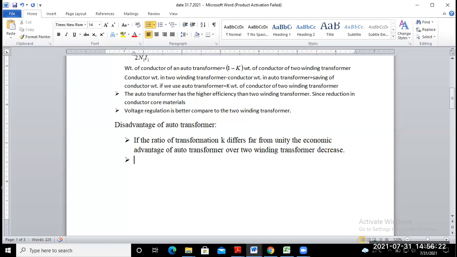So if the primary is supplied at high voltage, then an open circuit in the common winding, that means BC, results in the appearance of dangerously high voltage on the low voltage side. That is harmful for the load as well as for the person working on the low voltage side. So one must be more careful when using the auto transformer.